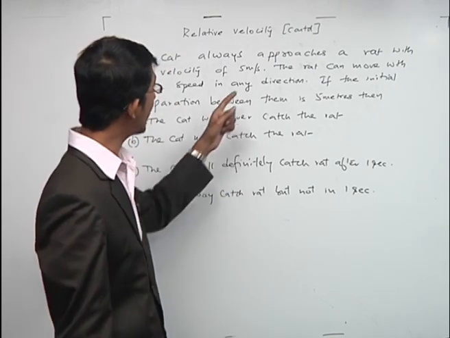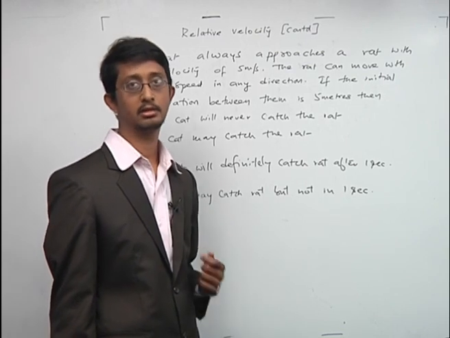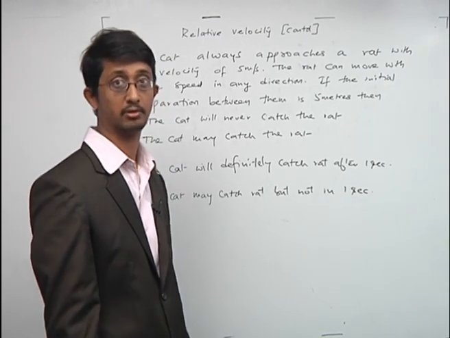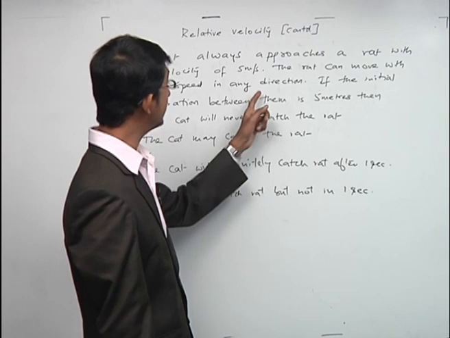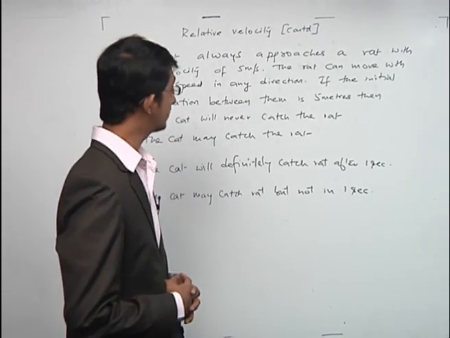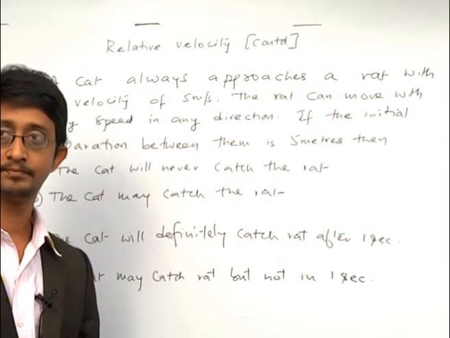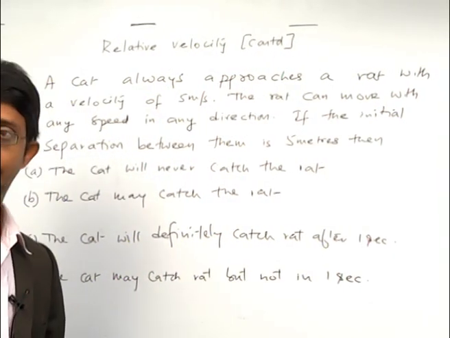After all, the rat can move with any speed, even 10,000 kilometers per hour is possible, in any direction. So we might think that the cat may catch the rat but not in 1 second.